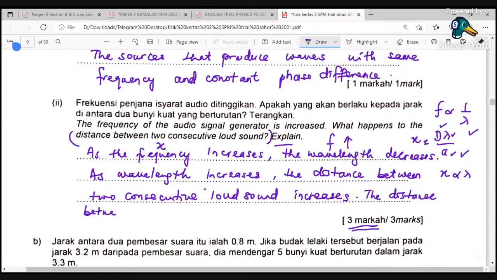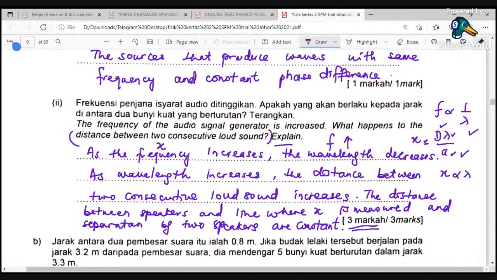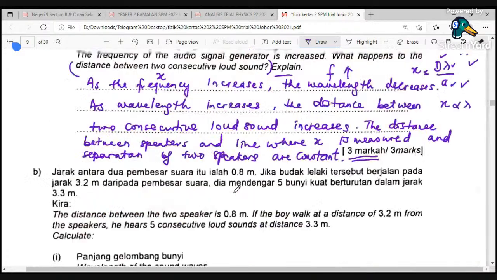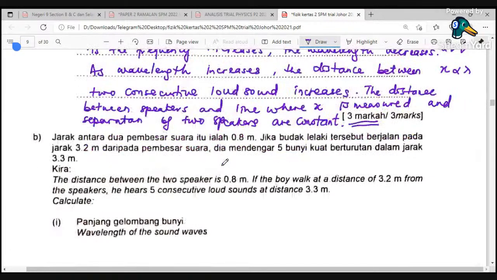Circuit, loud sound increases. Between speakers line and separation two speakers.